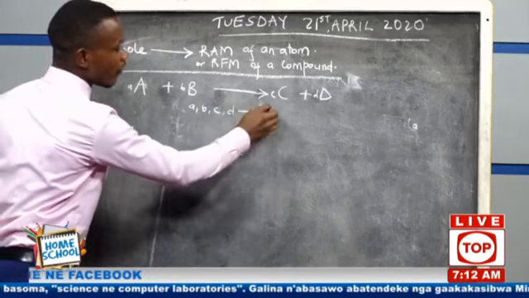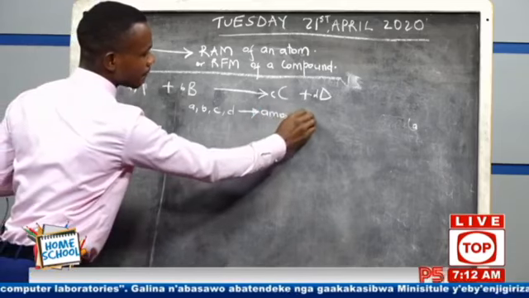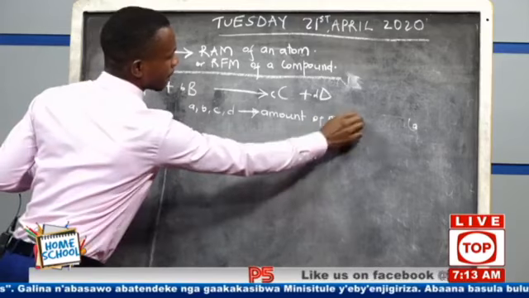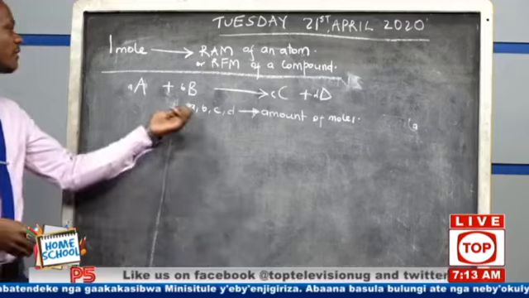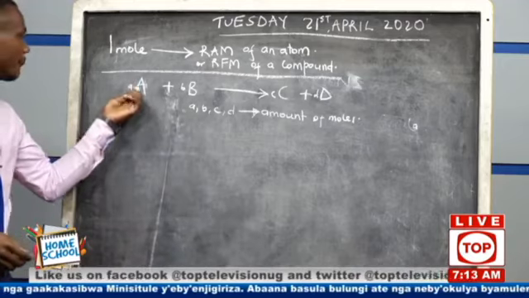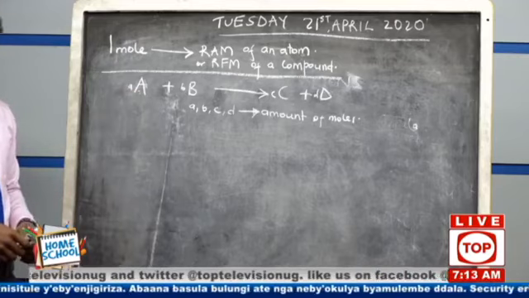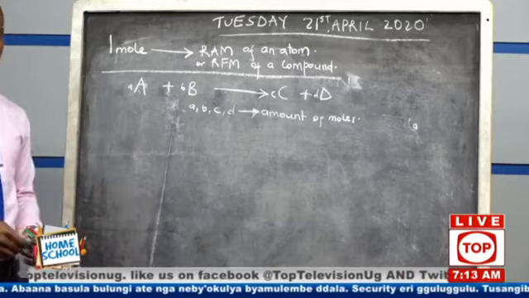This one stands for amount of moles, okay? If we say that here we have a moles of A, any figure that will be written there will be standing for number of moles, okay?